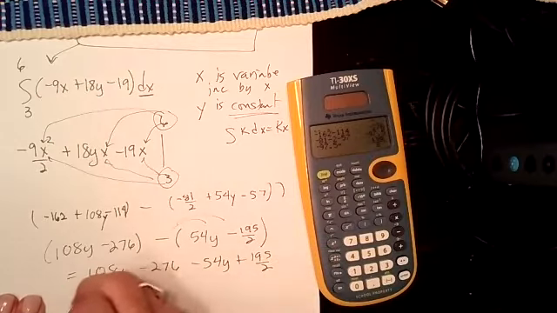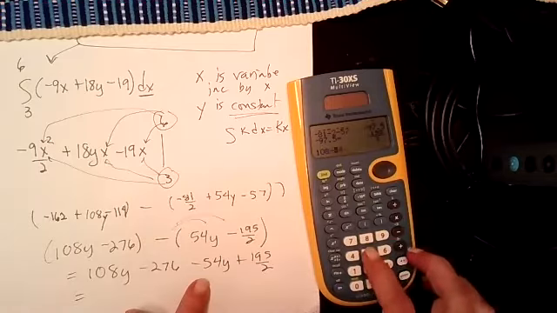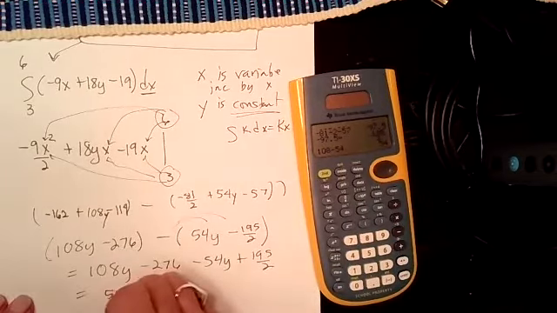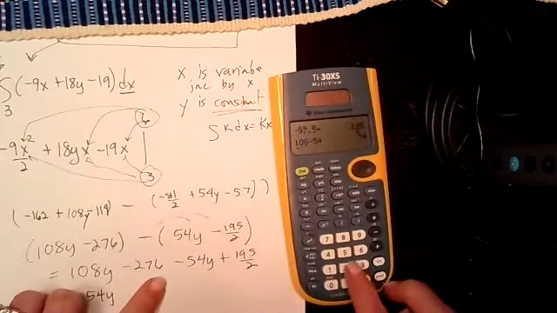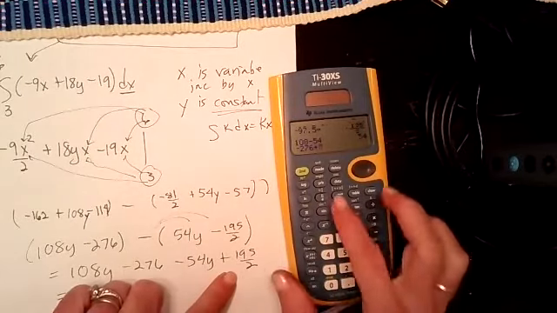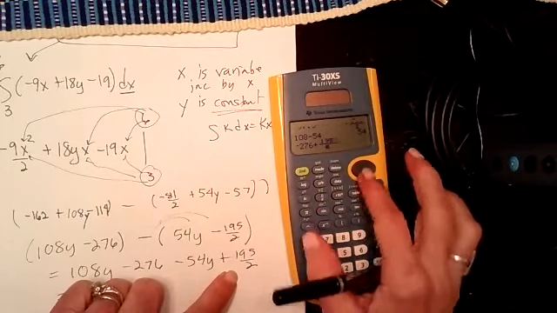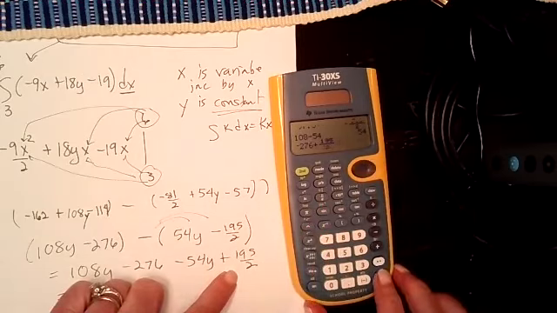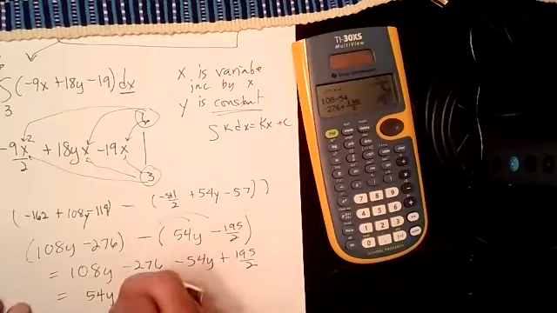When I combine like terms, I get 108 minus 54, which is 54y, and negative 276 plus 195 over 2. That gives me negative 357 over 2.